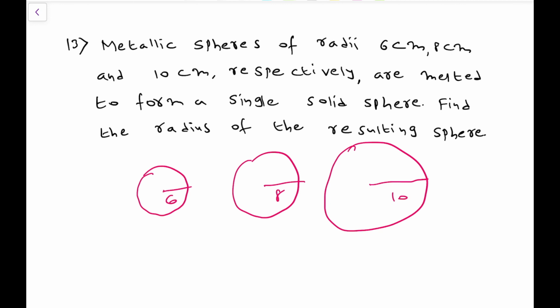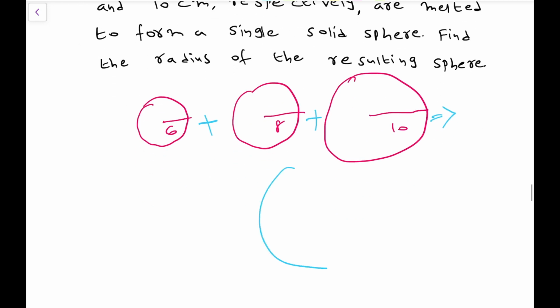What he is doing is combining all those spheres, melting them and forming a bigger sphere like this. Then we need to find the radius of this sphere.